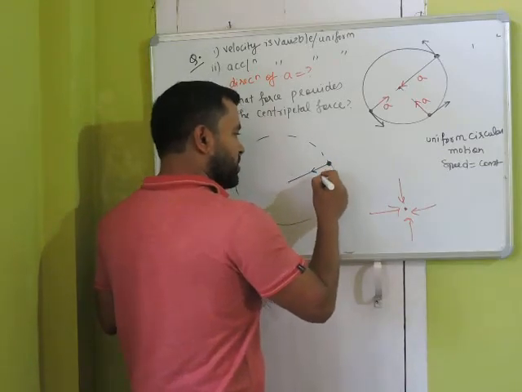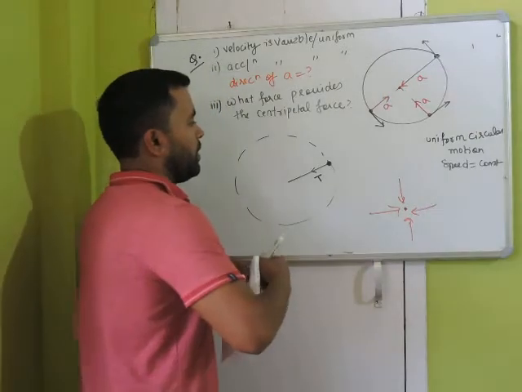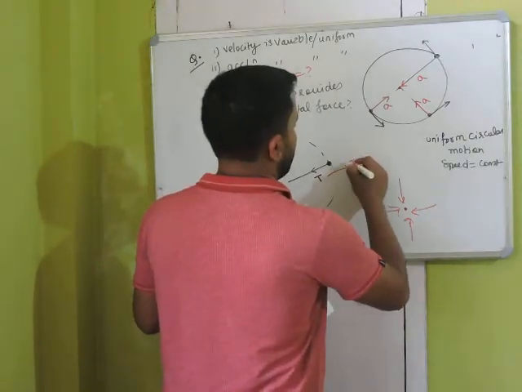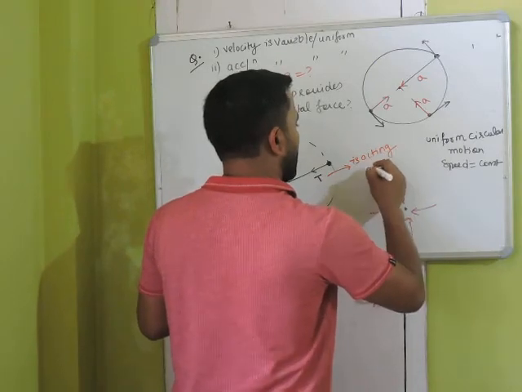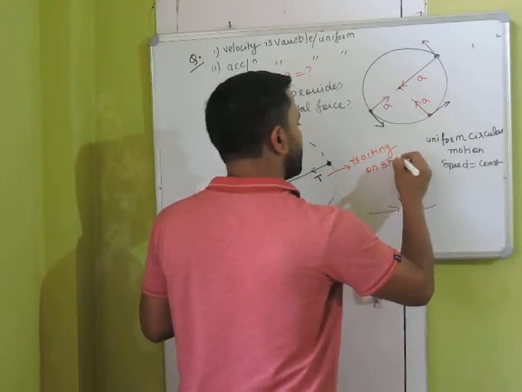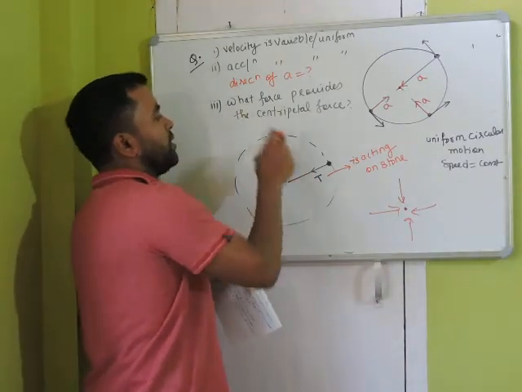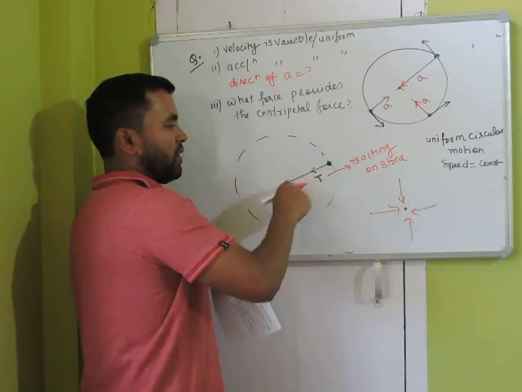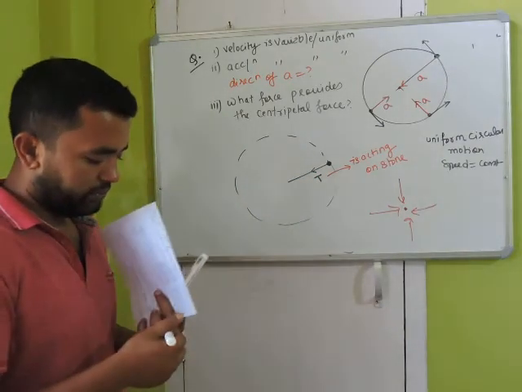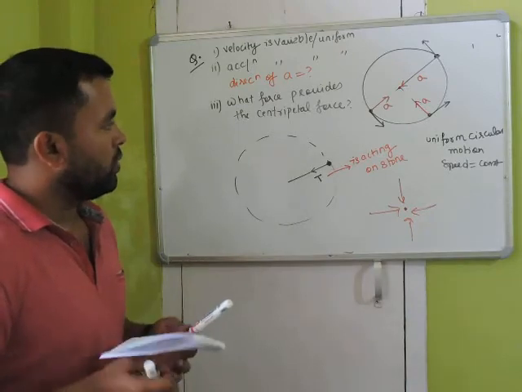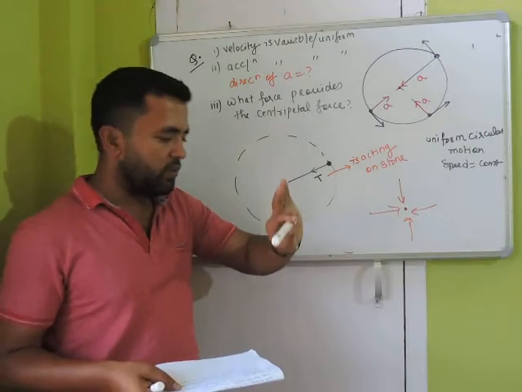So there will be tension T. This tension T is acting on the stone, and this will provide the centripetal force. So this tension force provides the centripetal force.